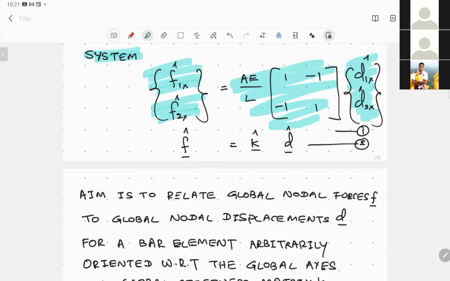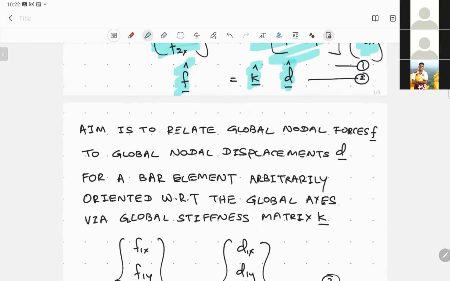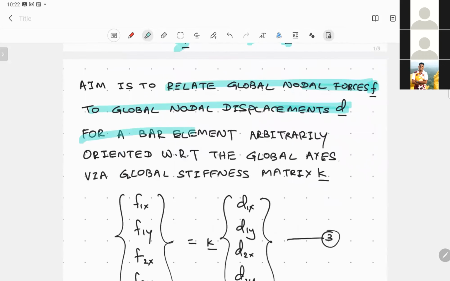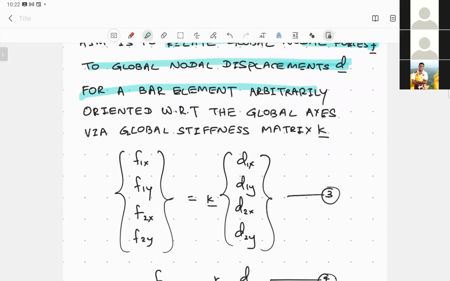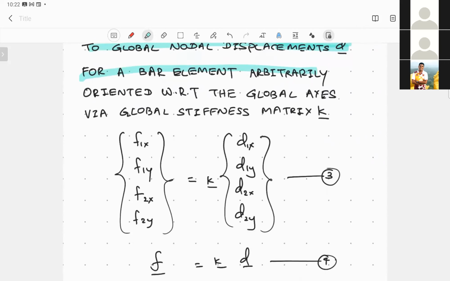It is nothing but f hat is equal to k hat times d hat. So now the aim is to relate the global nodal forces, that is F, to global nodal displacements D. So if we consider a bar element, which is arbitrarily oriented with respect to the global axis, it is related via the global stiffness matrix equation.